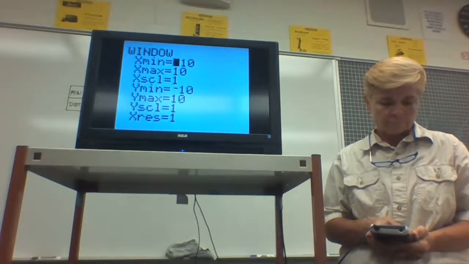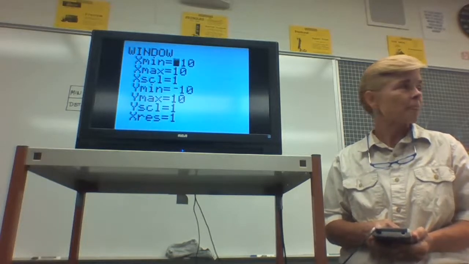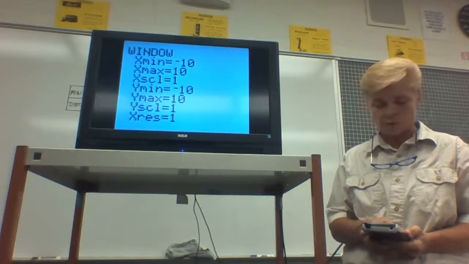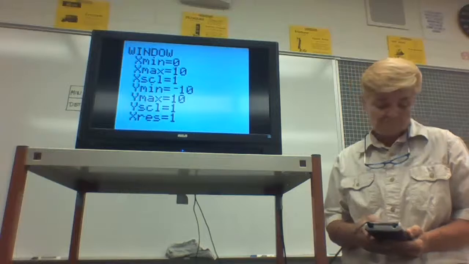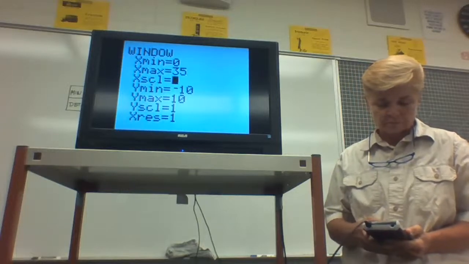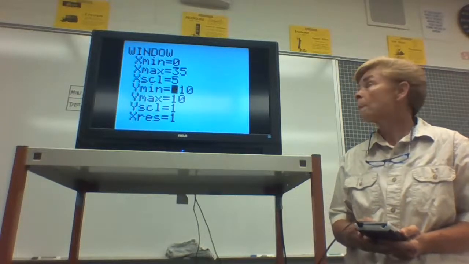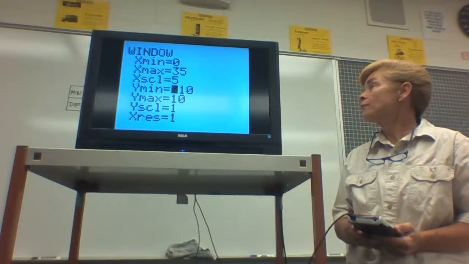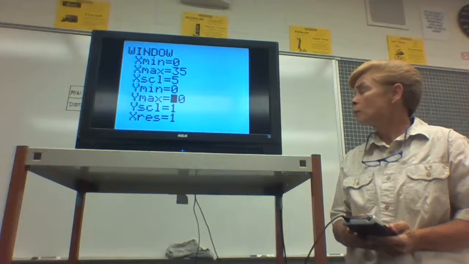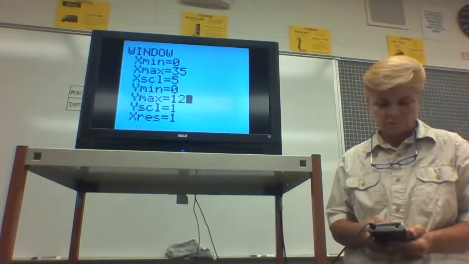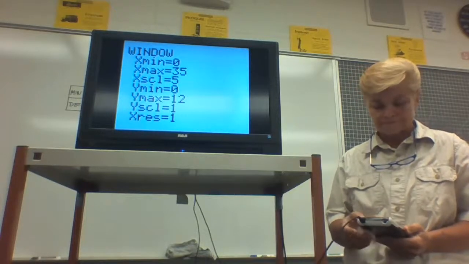I would say the first X is 4, so I would say 0 to 35 by 5s. That'll give me 7 tick marks. The others range from 0.25 to 7.8. I'm going to go from 0 to 12 by 1s is fine.